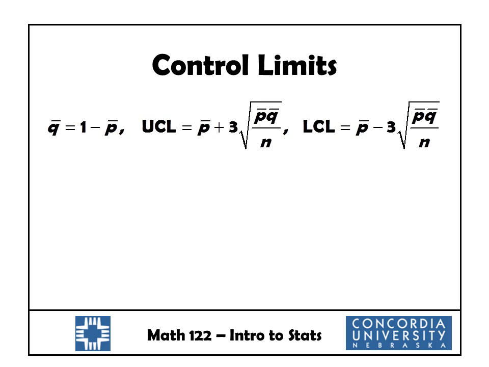Our upper control limit is P bar plus 3 times the square root of P bar Q bar divided by N. Lower control limit is very similar except that we subtract instead of add. So the idea behind these formulas is very similar to the formulas for the X-bar chart. P bar is like the mean, and the square root is like the standard deviation.